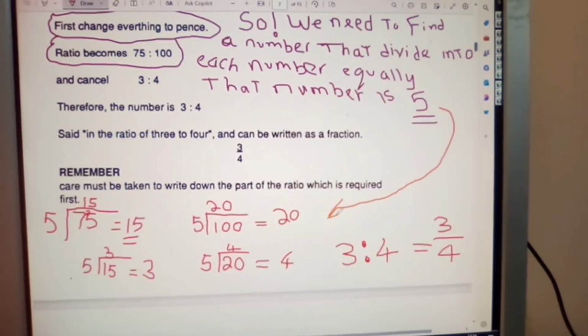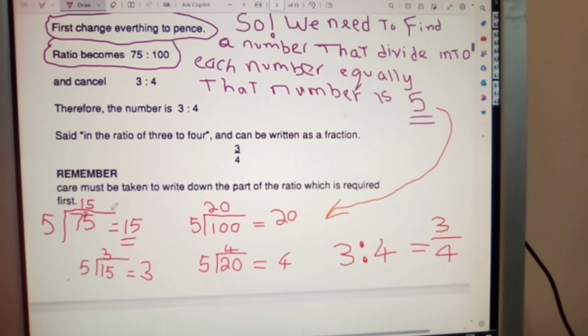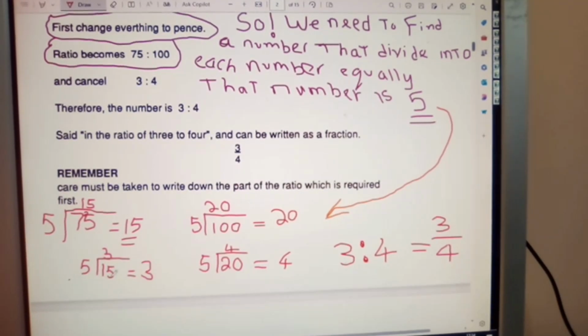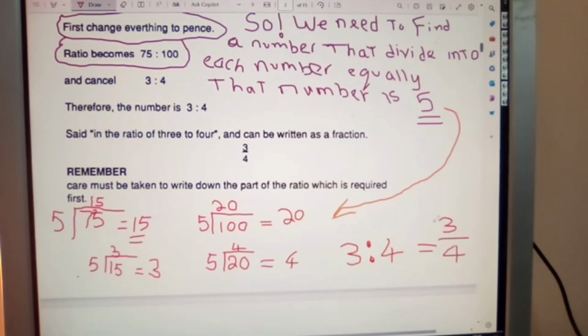So what I've done here is 5 into 75 goes 15 times, so 15. 5 into 15 goes 3 times, so that gives me here 3. 5 into 100 goes 20 times. 5 into 20 goes 4 times. Therefore the ratio is 3 to 4 and equals 3/4 as a fraction.